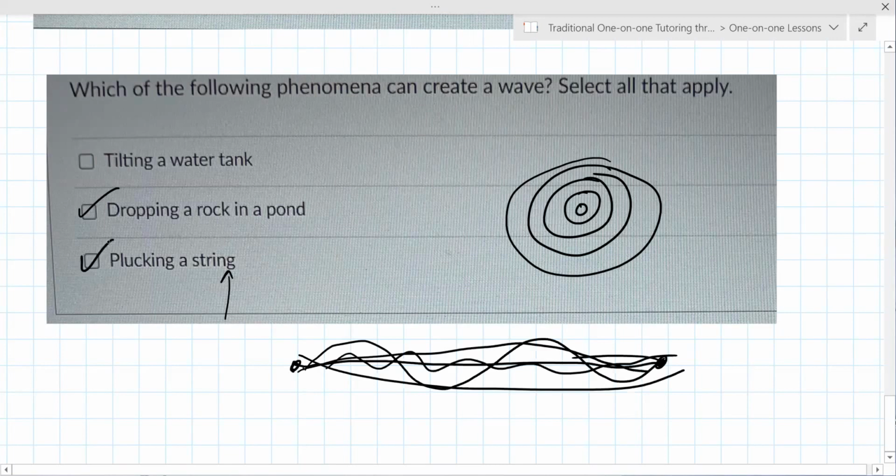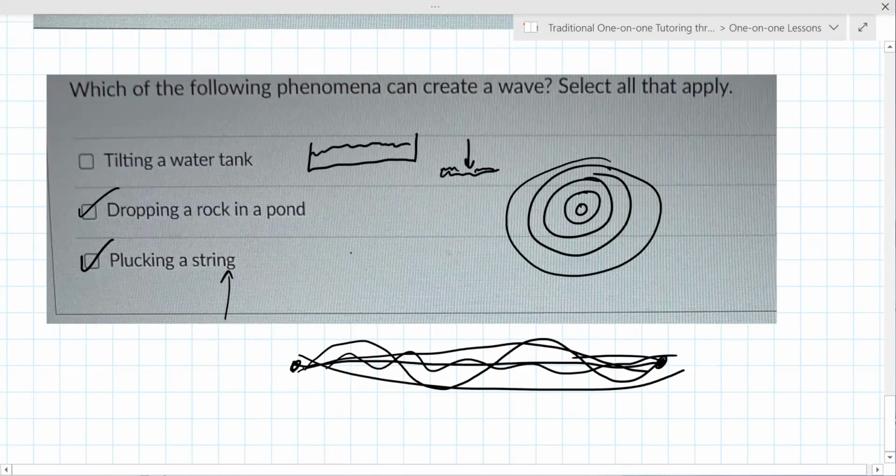Tilting a water tank. I kind of don't get that. I don't think that one's included. I mean, you're just pouring it out. If you were to pour it into another water source where it was feeding in like that, you might see some waves, but just tilting it to one side, maybe that's what they're saying.